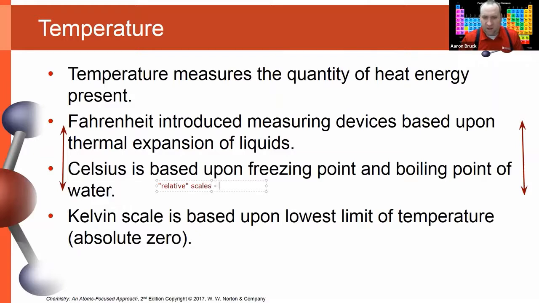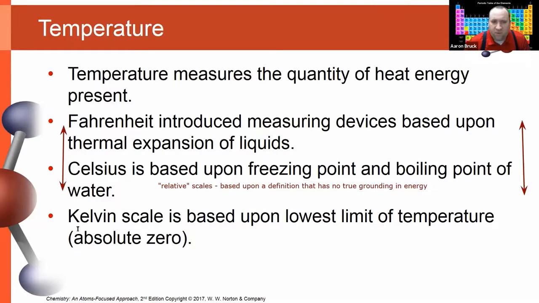That is, they are based upon a definition that has no true grounding in energy in this case. That definition that they are based upon is the freezing point of water and the boiling point of water.